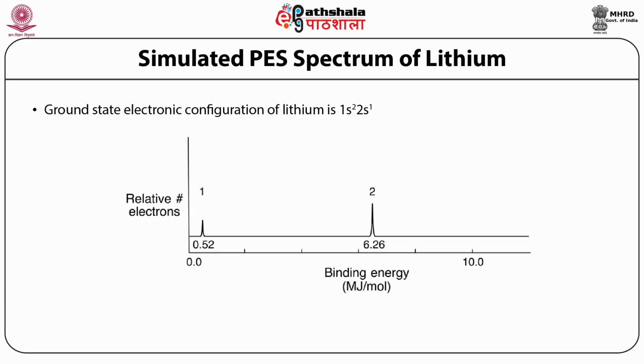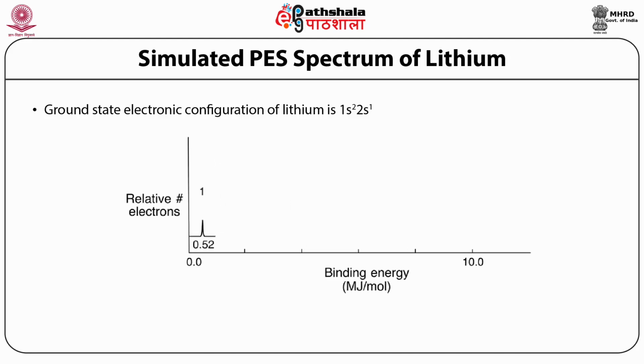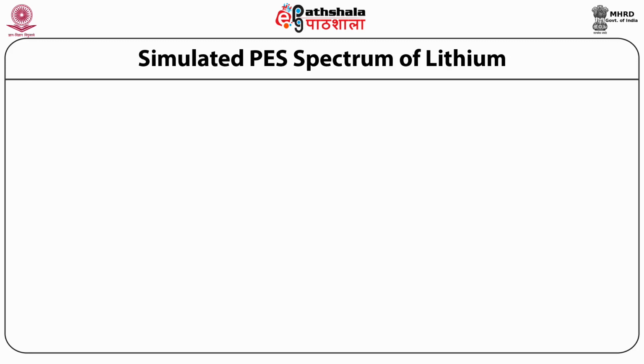It shows relative electrons on the y-axis and binding energy on the x-axis. The 2 peaks represent electrons in 2 different subshells. This is what one gets when we look at the representative spectrum here.